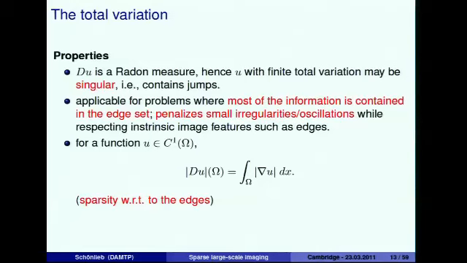We want to apply total variation minimization to images because we want to preserve edges on the one hand, and we want to preserve only a small number of edges. We only want to preserve the most characteristic edges in an image, because other edges which are created by small oscillations, those we want to kill.